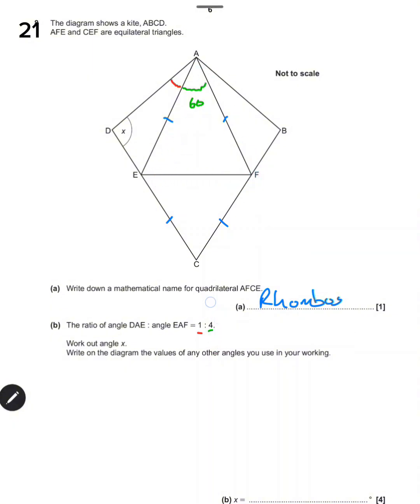So if this is 60, then this one must be 60 divided by 4, which is 15. 1:4 as a ratio is the same as 15:60. So that angle there is 15.